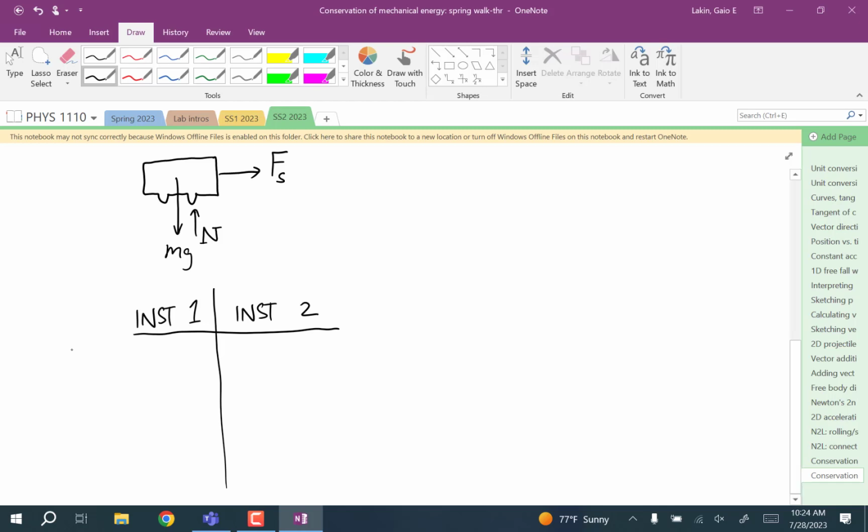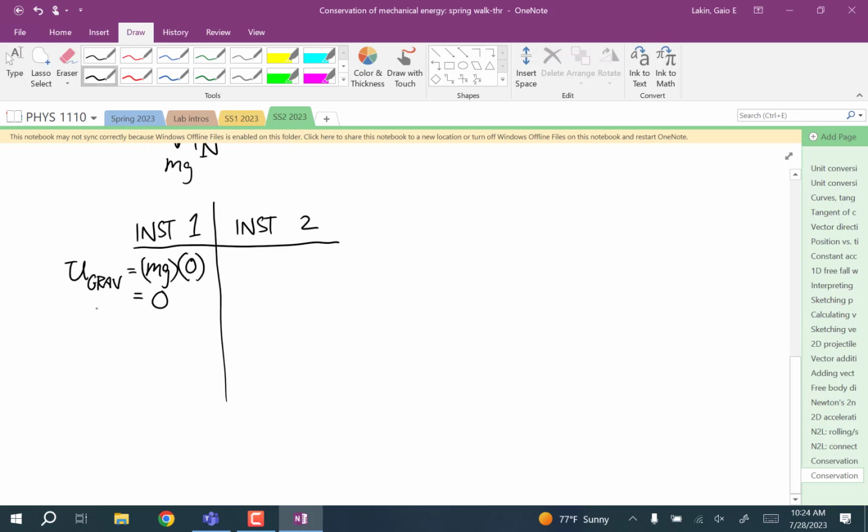Okay, so the gravitational potential energy is m times g times h, which is 0. And so, like I said, this is just going to be 0 at every instant in the motion.